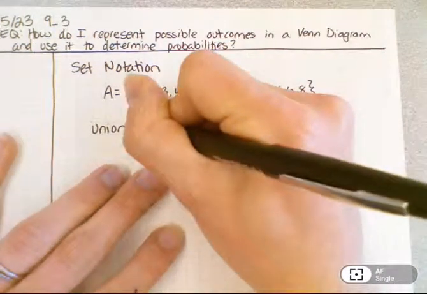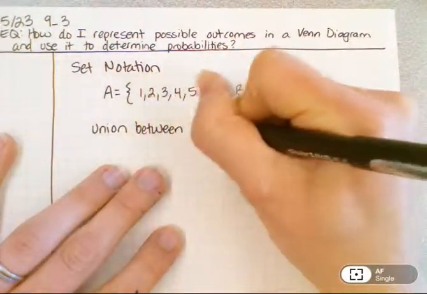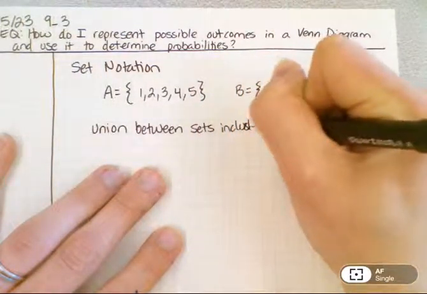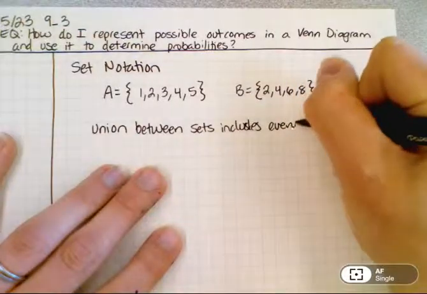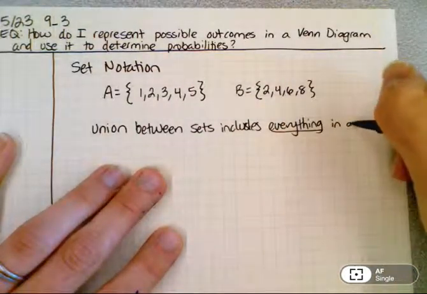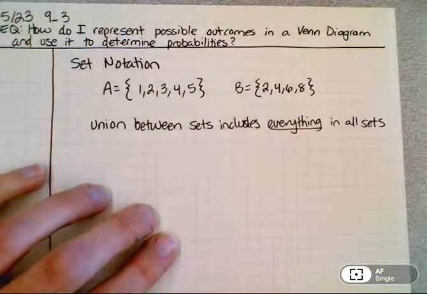Okay, so a union between sets includes everything in all sets. Okay, that's called a union.